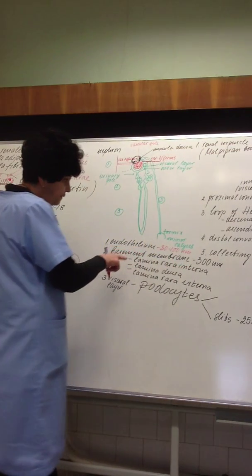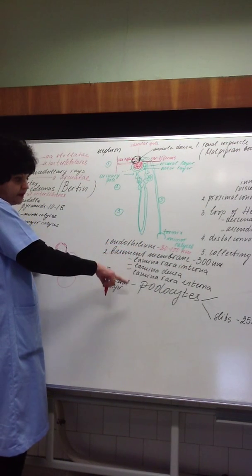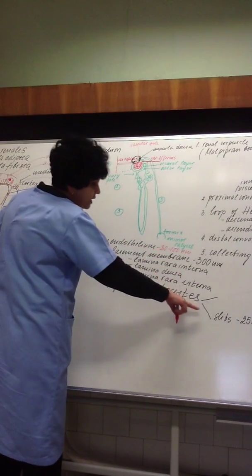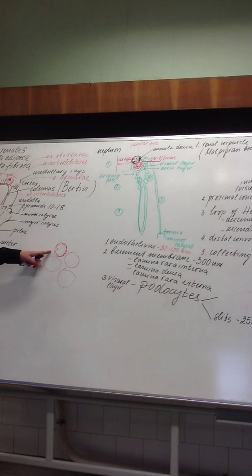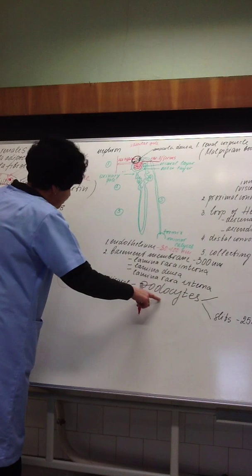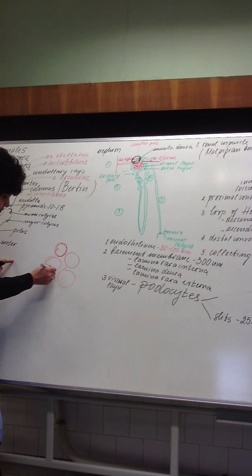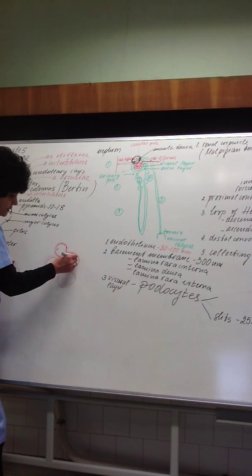I said that permeability here is larger. The size of this fenestra is larger than these filtration slits formed by the short or secondary processes of podocytes. Here is the nucleus, endothelium, nucleus, extremely thin endothelium.